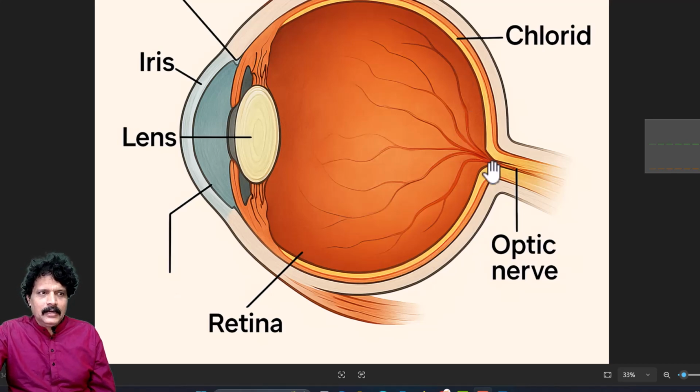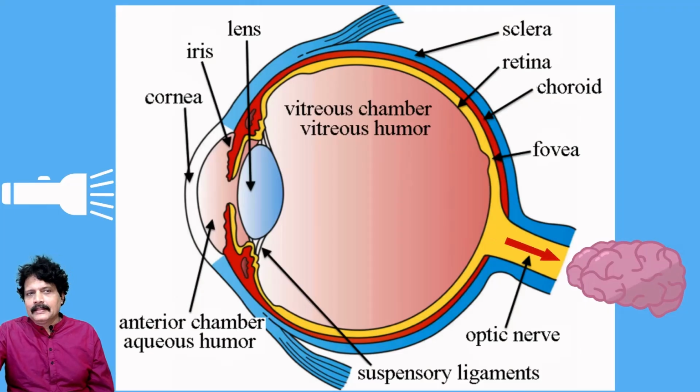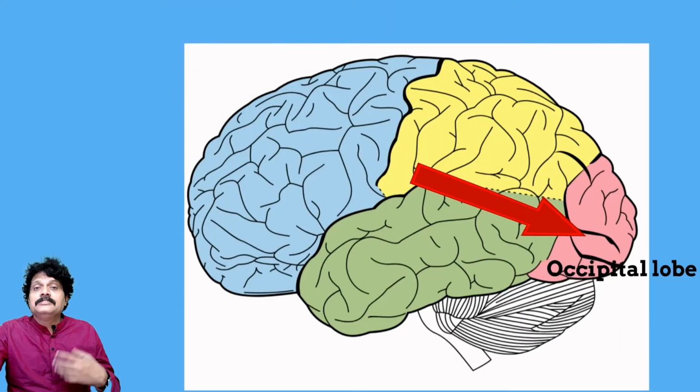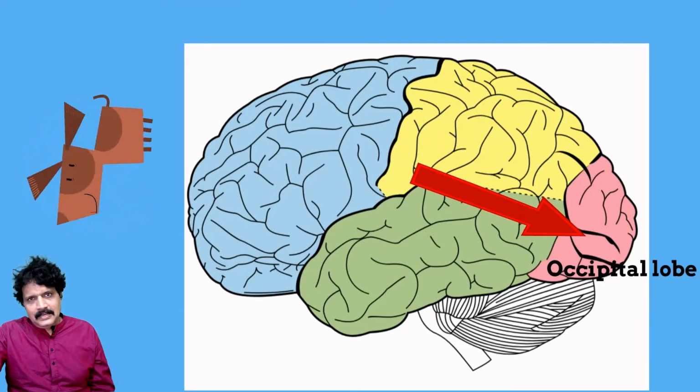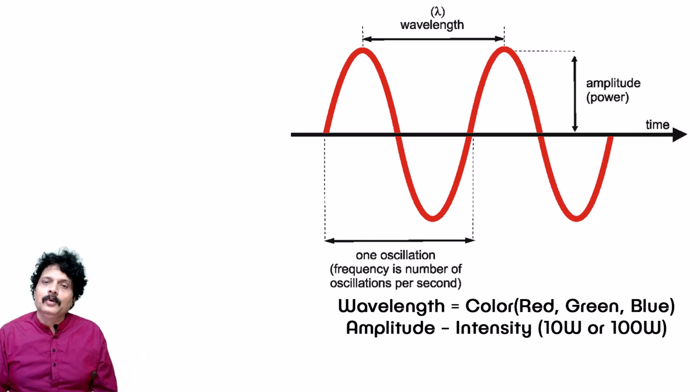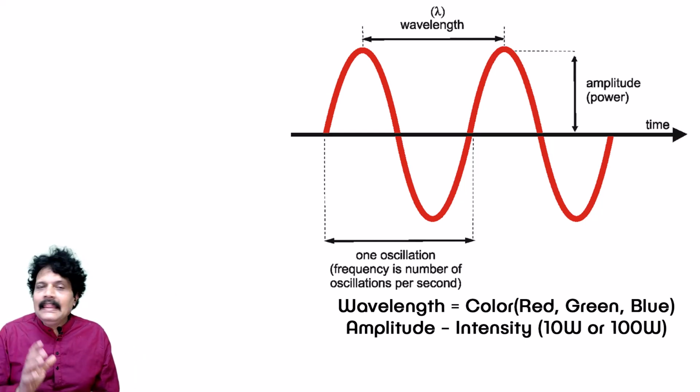It is projected on this retina through this lens, and this retina, through the optic nerve, is going to measure this image and send it to our brain as a signal. What the eye is going to measure is, in our electromagnetic radiation, there are two values that our eye will recognize and store.